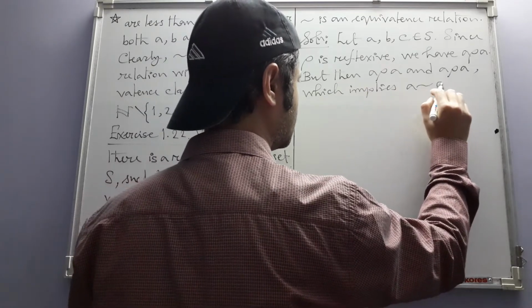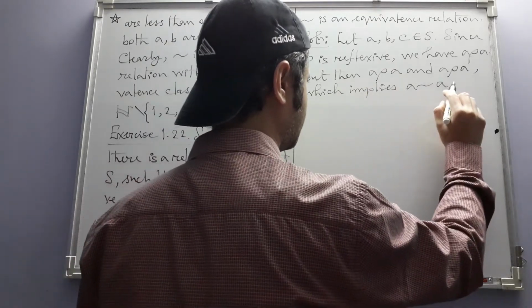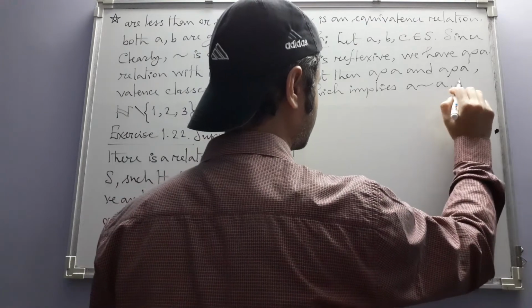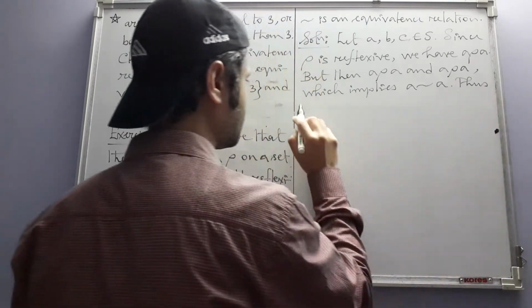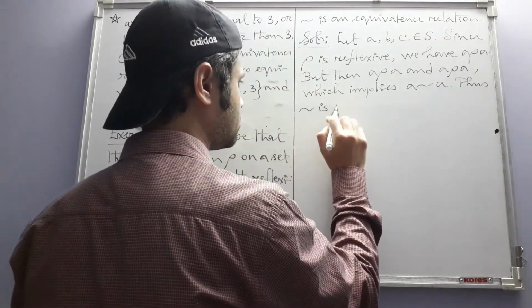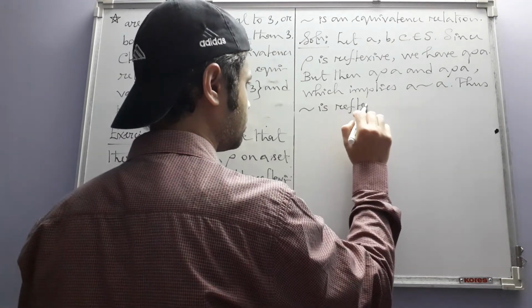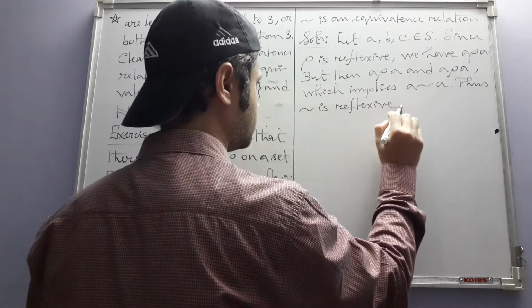So now A is also related to A by tilt. Thus this is like rho, reflexive.